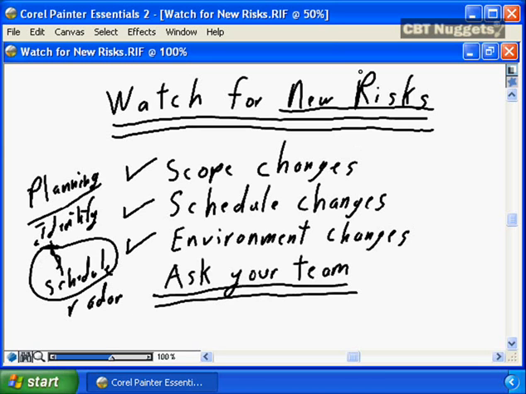Simply identifying new risks and saying, oh, there's something bad happening on the project, without going back to the business and telling the business about the risk impact, that you may need more money, you may need more schedule changes, is not doing a proper job of risk management.